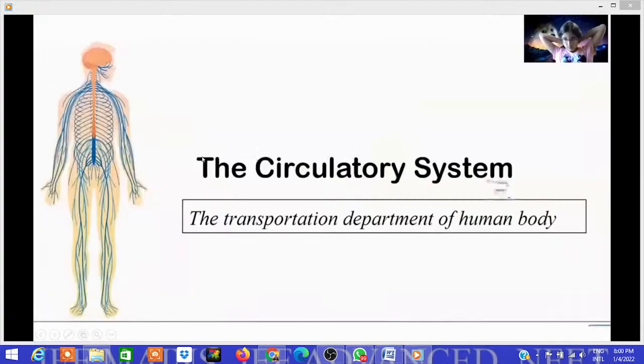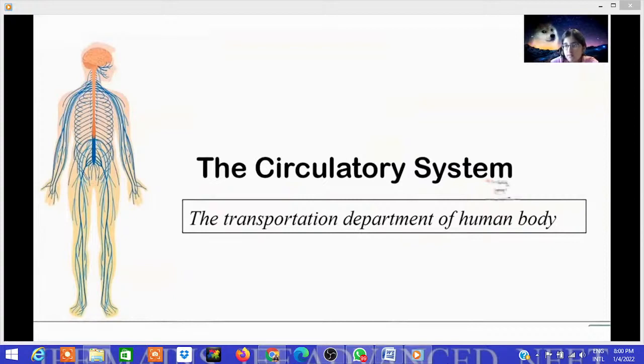Label the parts. Okay, so now we will dive into the main topic of the day, that is circulatory system. The main function of circulatory system: circulation, see the name itself says it circulates something, it transports something in our body. It is like a transport department. Okay, so here we have the transportation department.